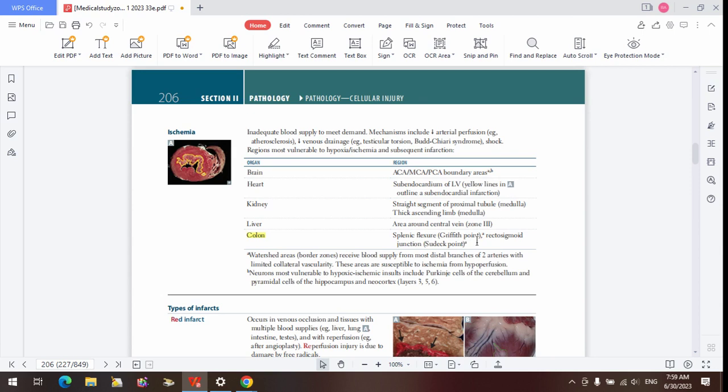DNA laddering just means that when the caspases are activated, they will activate some enzyme that we call endonuclease. Endonucleases are enzymes that cleave DNA. Now you know that we weigh DNA in terms of base pair. If you want to say that a DNA is big, you describe it in terms of the base pairs that it contains.